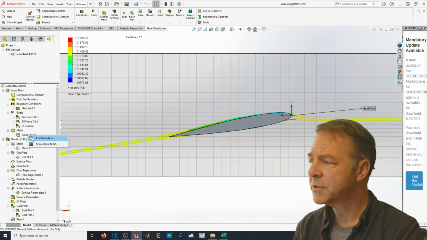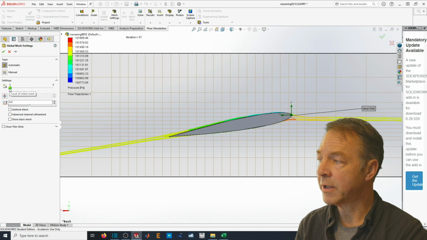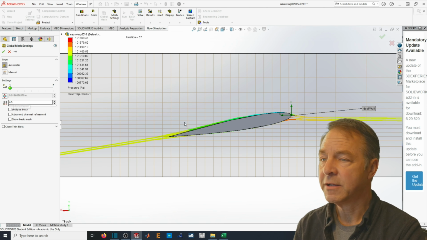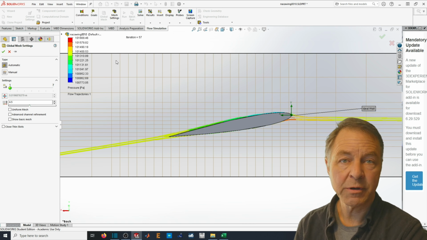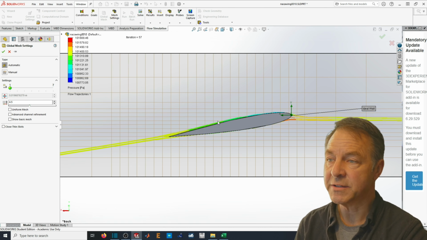For starters, I have a mesh definition where I've got it set at the coarsest, so the level of 1. And I also have an inflation rate of 4.5. That means that the size of the cells at the perimeter of the computational zone is 4.5 times the size of the cells close to the middle.